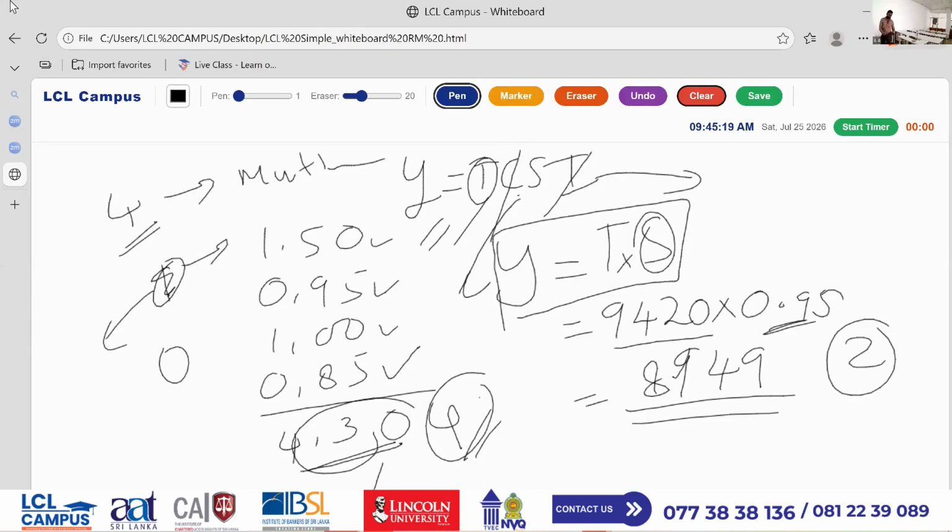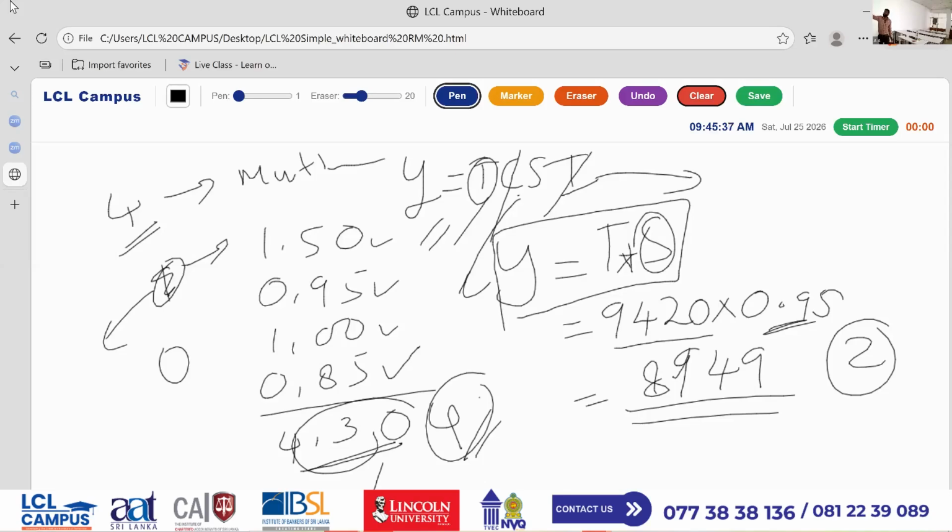And the other thing: if they do not mention additive or multiplicative model, we can also use the answer options. If we use the additive model here, y equals T plus S. Understand what I said?